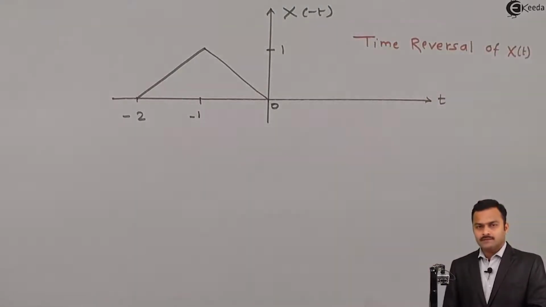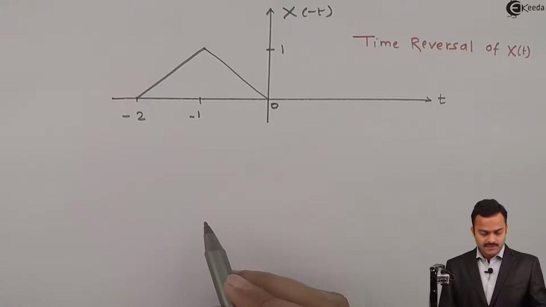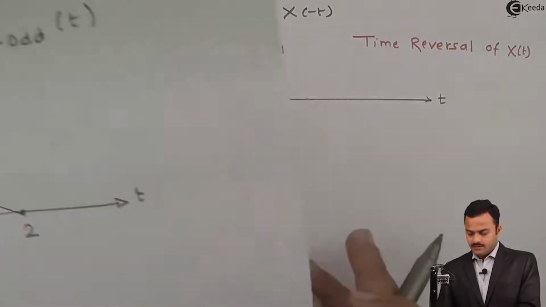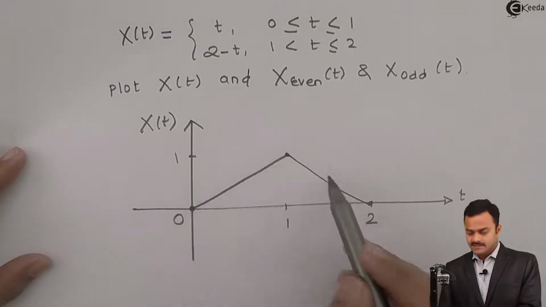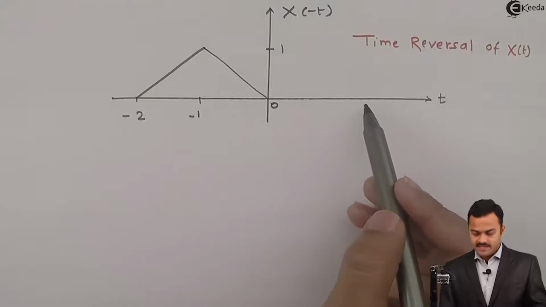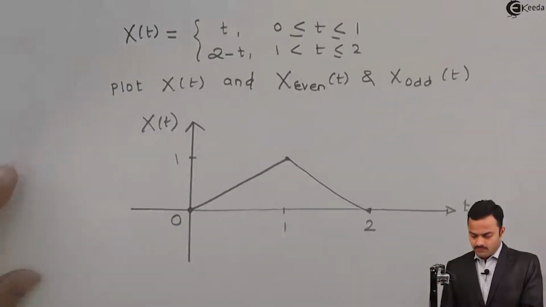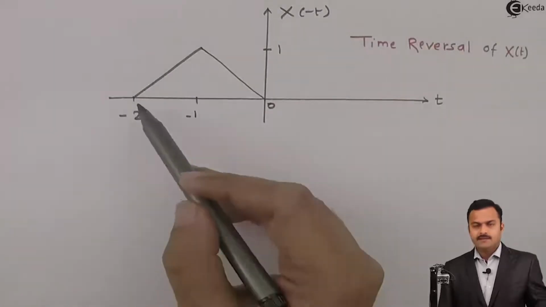And to get even part, we need to add x of t and x of minus t. In this case it is very simple, because for 0 to 2 here signal exists, but for x of minus t there is 0. Same is the case for minus 2 to 0, there is 0 in x of t, but there signal exists.